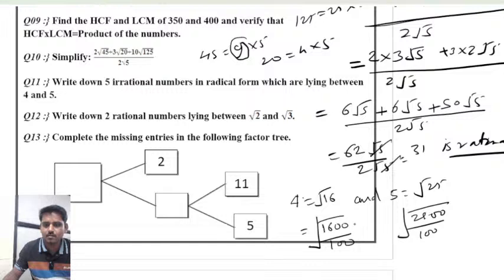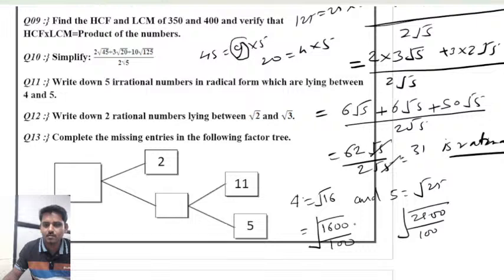So what is 41 squared? 41 into 41 is 1681 divided by 100. So we can say it is root of 41 squared divided by 10 squared, and after taking the square root it equals 41 upon 10, and it is rational.